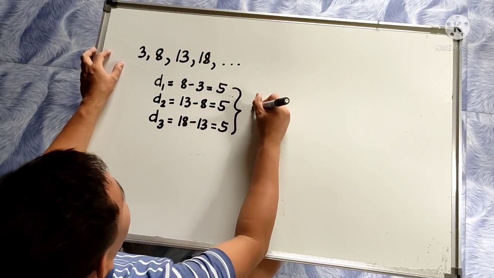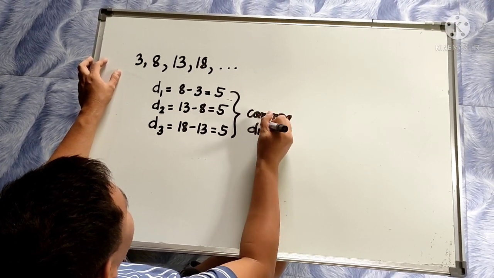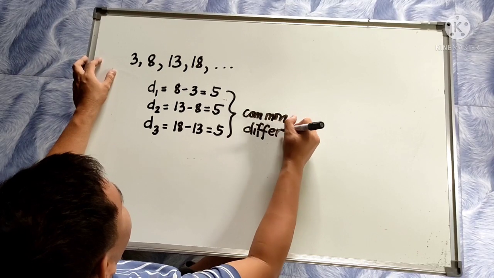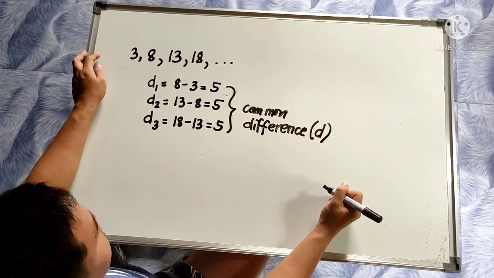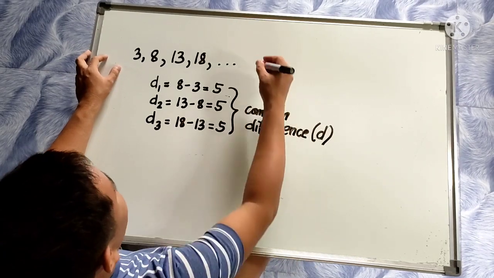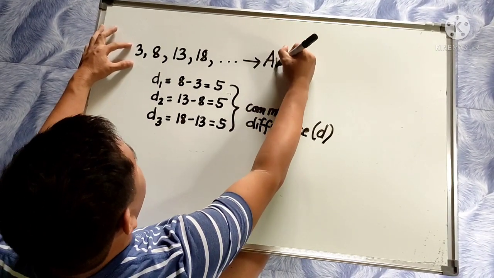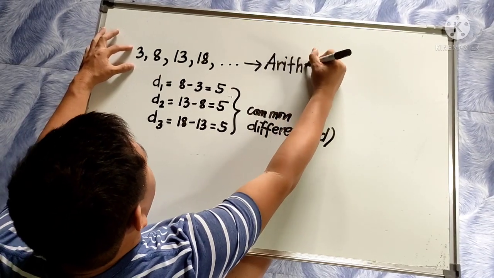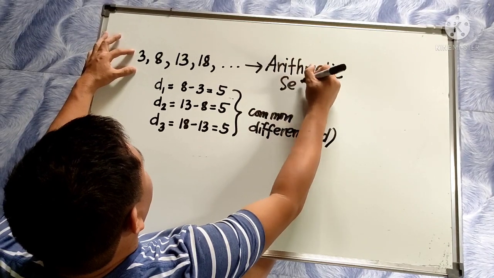There is a common difference, which is represented by small letter d. Therefore, we can say that this first example is an arithmetic sequence.